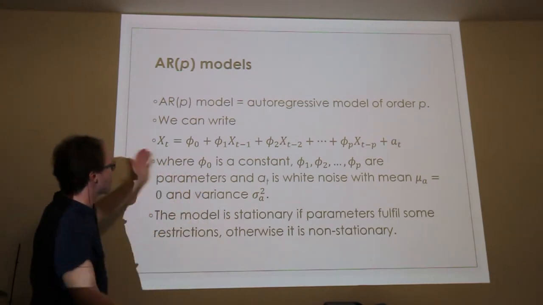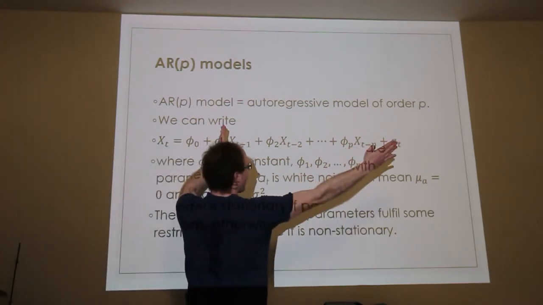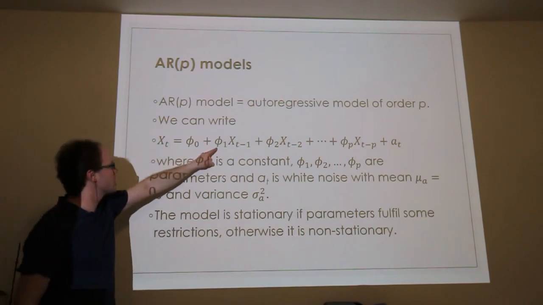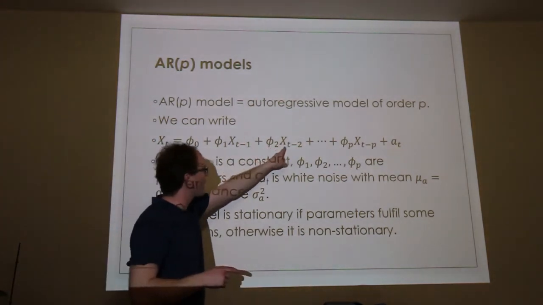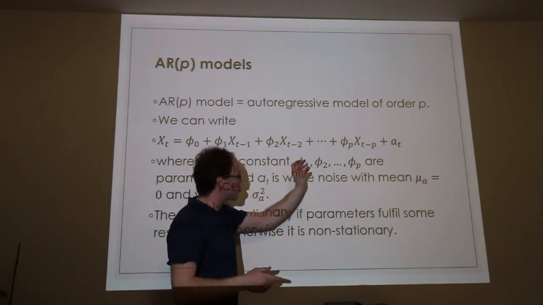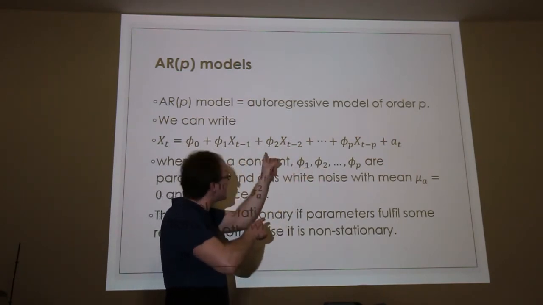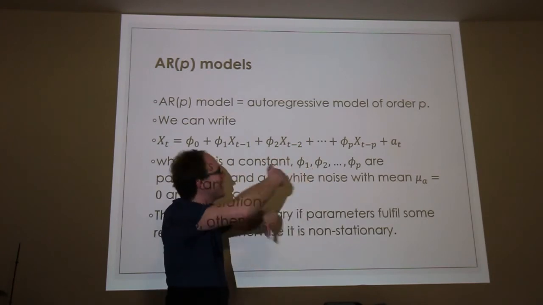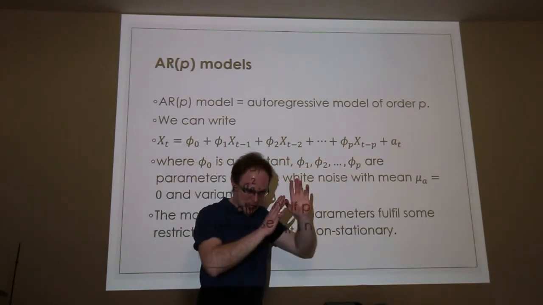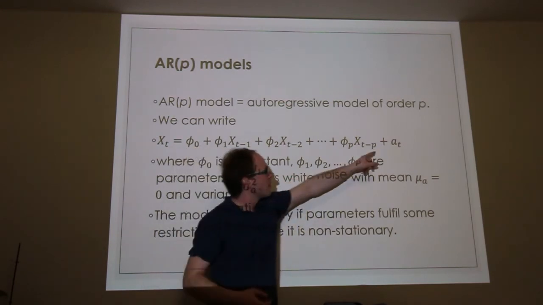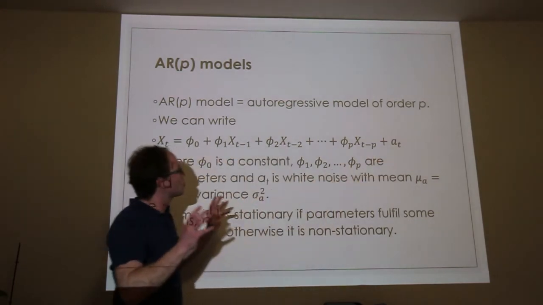So the main part of the model is here: phi 1 x t minus 1, phi 2 x t minus 2, phi 3 x t minus 3, etc. until phi p x t minus p, plus a value from the white noise process.